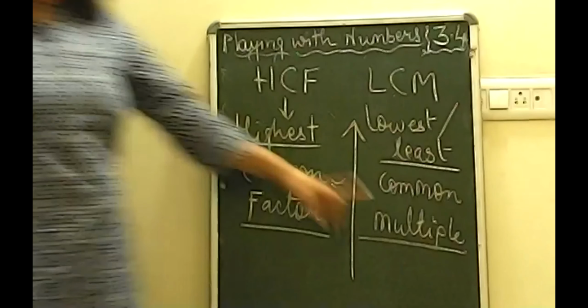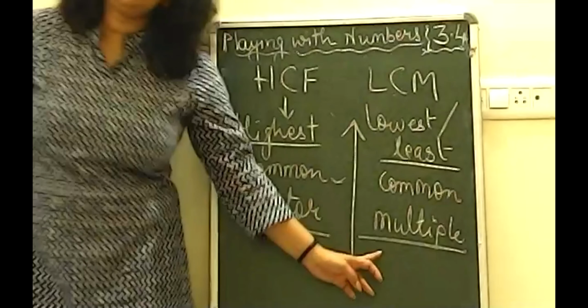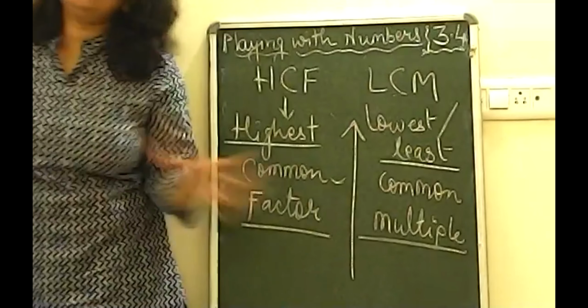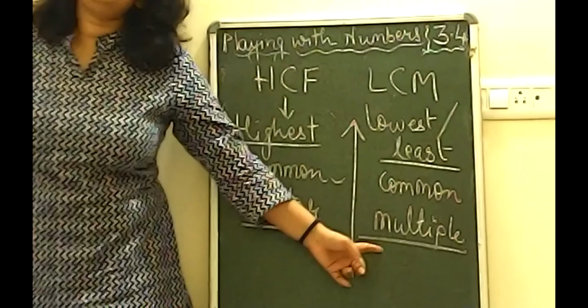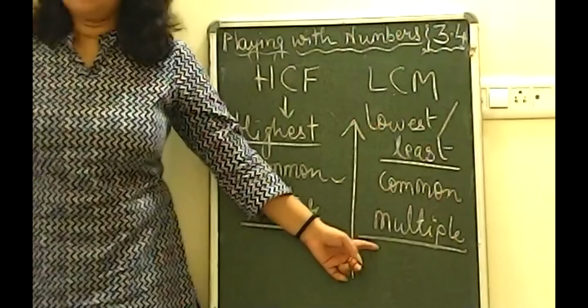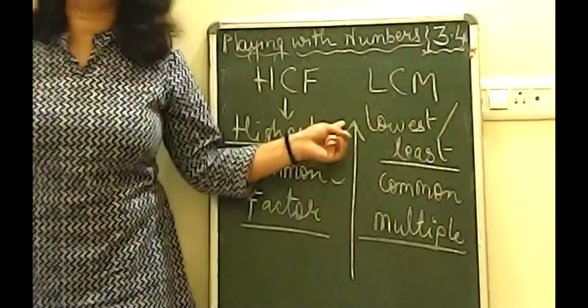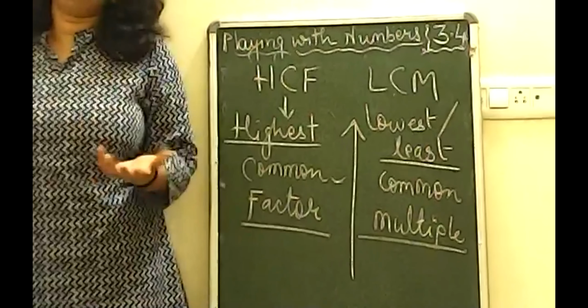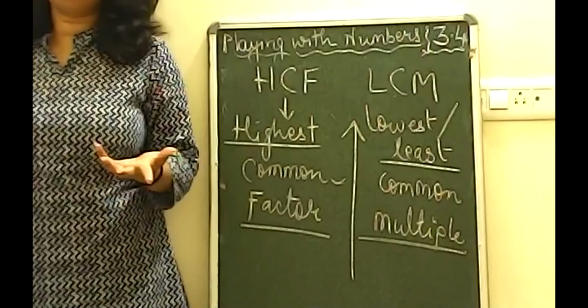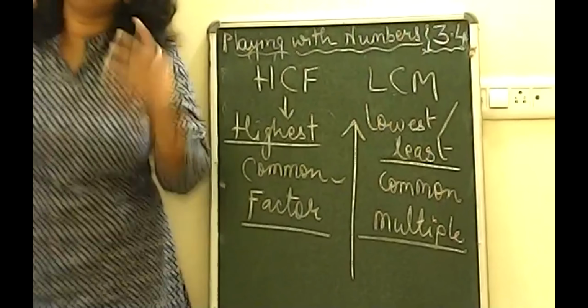You know multiples are endless. Multiples की कोई limit नहीं होती बेटा. इसीलिए इसमें highest find out नहीं कर सकते आप. इसमें हमेशा आप lowest ही find out कर सकते हो. Because अगर मैं आपसे पूछूं कि what is the highest number, you cannot tell. Why you cannot tell? Because you know there is no limit of numbers.